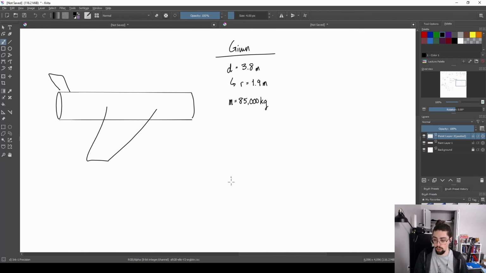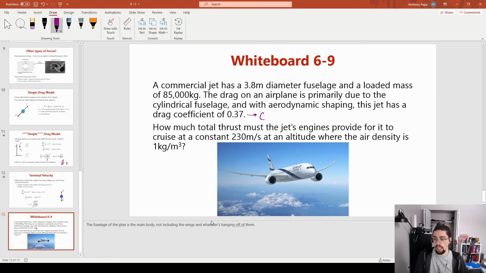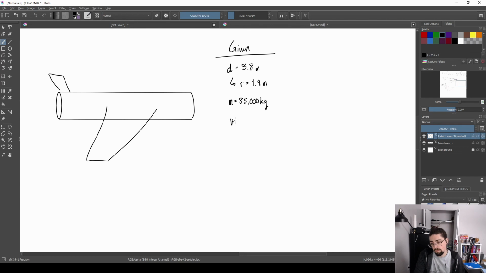What else do we have here? We have a constant velocity of 230 meters per second. We have a drag coefficient of 0.37. We have a fluid density of 1 kilogram per cubic meter. And I think that's about it.